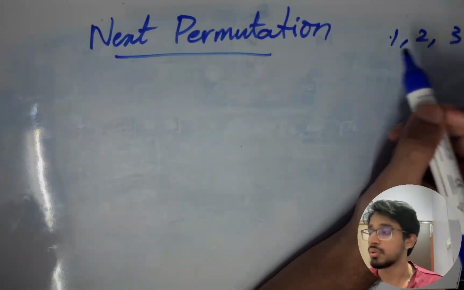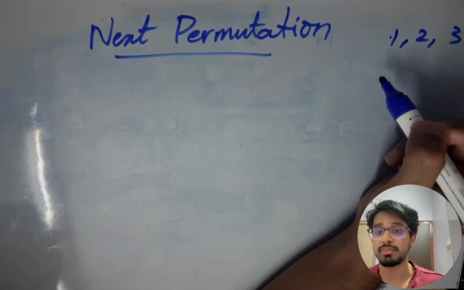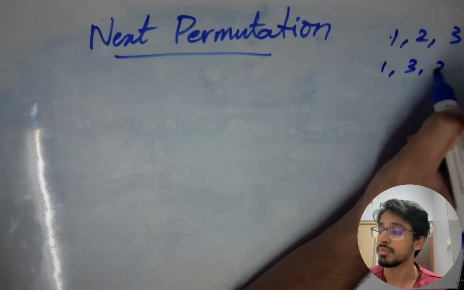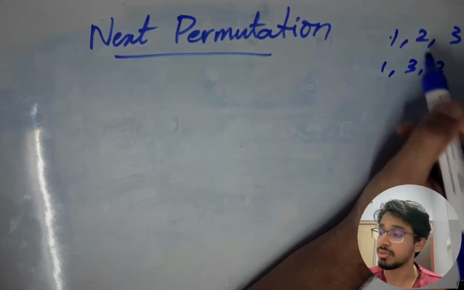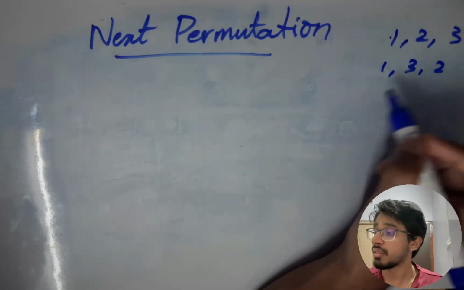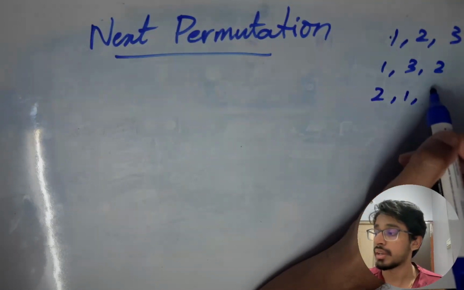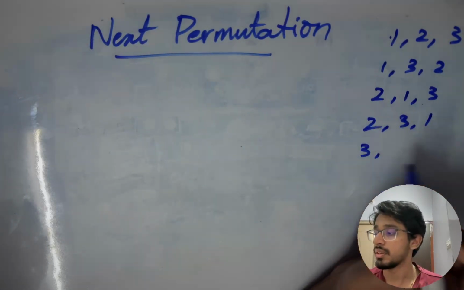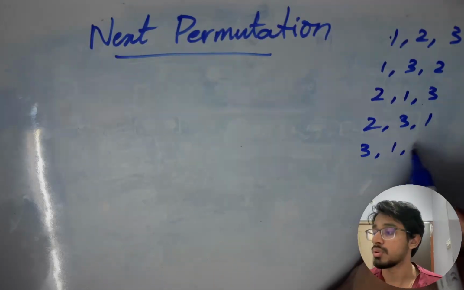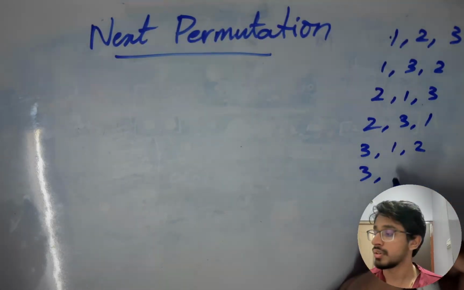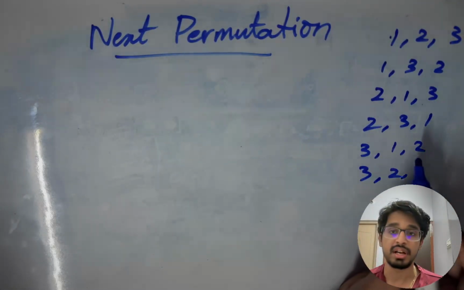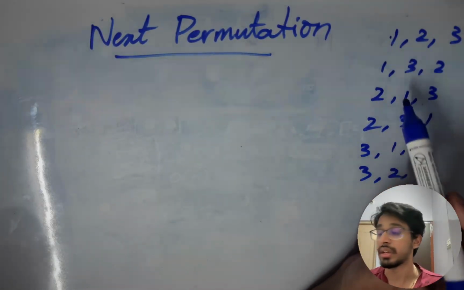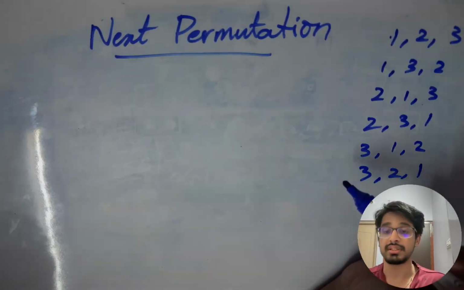If we read this as the number 123, the next possible permutation it can form, just by using these 3 numbers, is 1 3 2. So after 123 comes 132, then 2 1 3, then 2 3 1, then 3 1 2, and then 3 2 1. Basically there are 6 permutations. If we read them as numbers, they are in increasing order, right? So that is the next permutation.